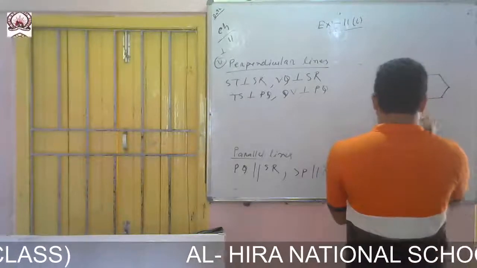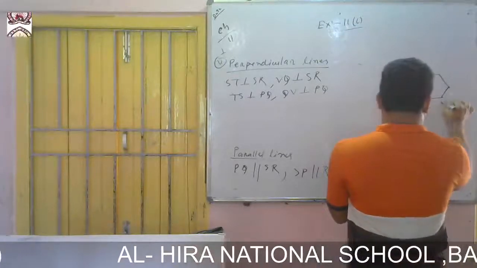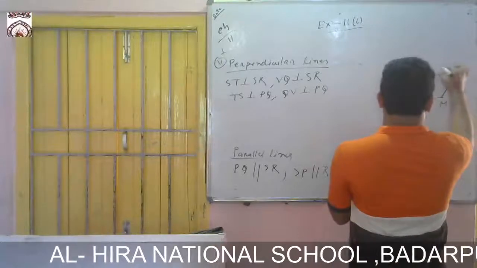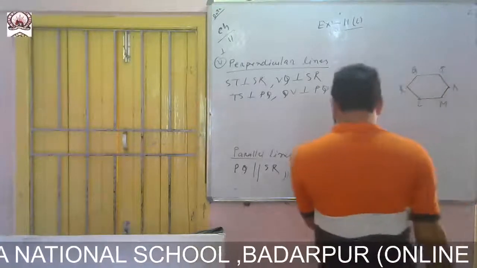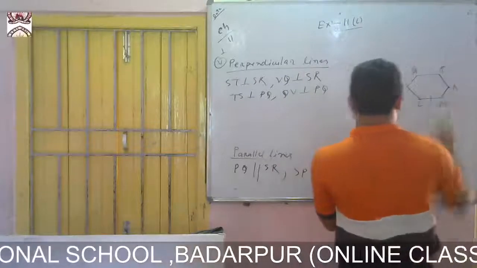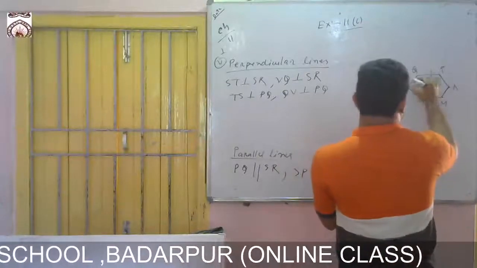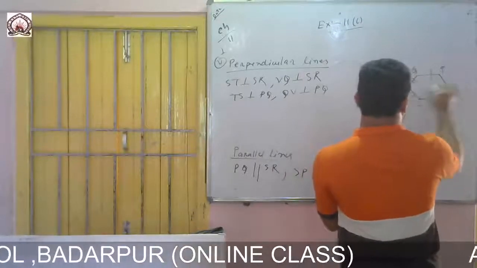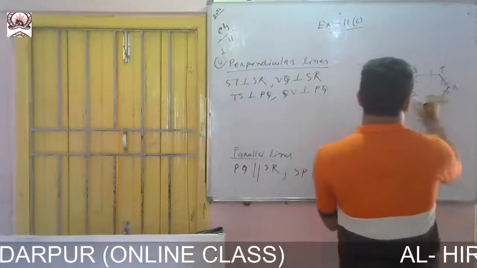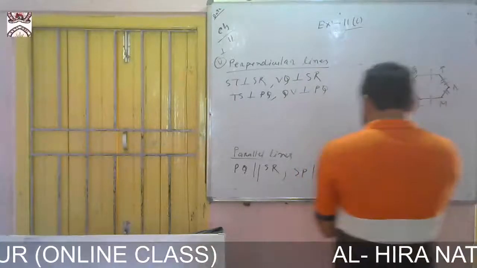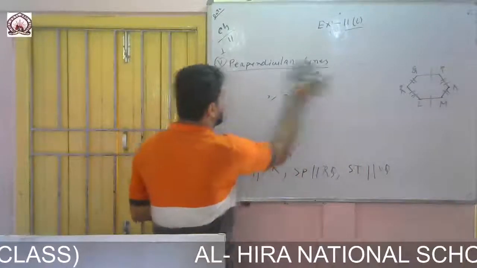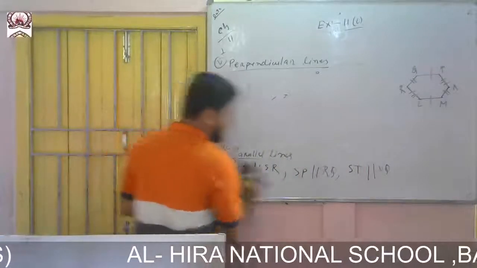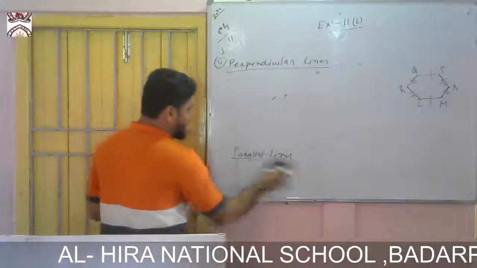L, M, N, P, Q, R. Okay. This line and this line are parallel, and this line and this line are parallel. And there are no perpendiculars. There are only parallel lines.